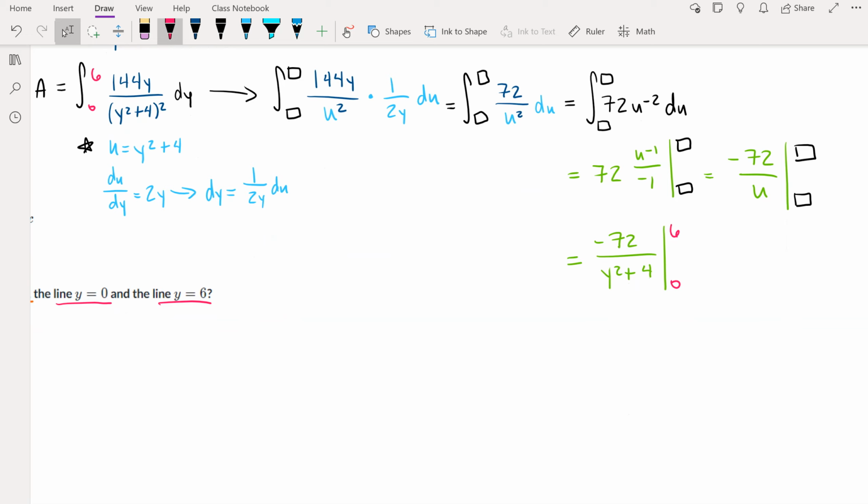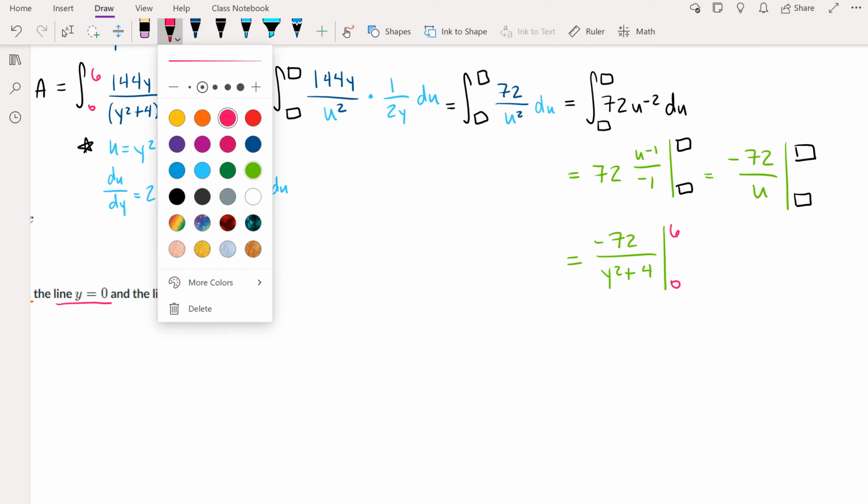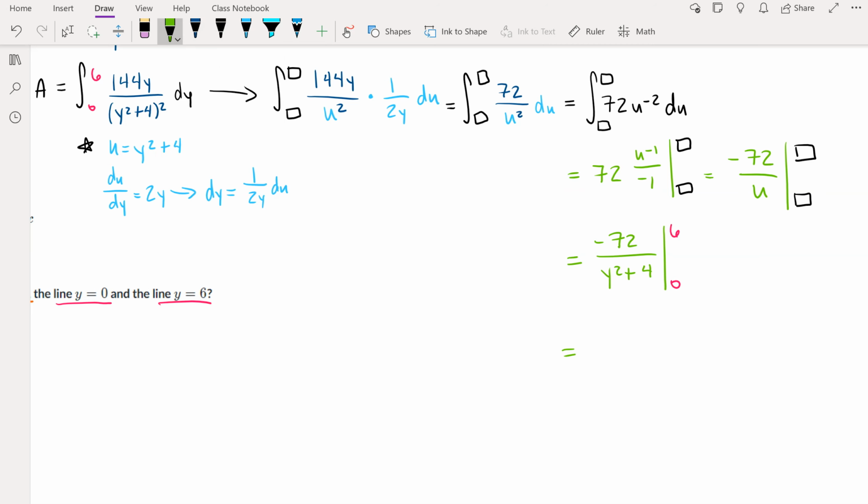So let's do it. We have equals negative 72 over 6 squared plus 4 minus negative 72 over 0 squared plus 4. And that will equal, here, I'll do it here, negative 72 over 36 plus 4, which is 40, minus negative 72 over 4.